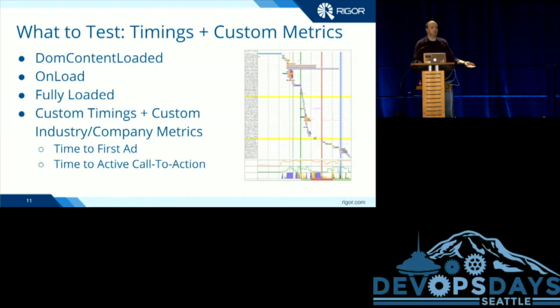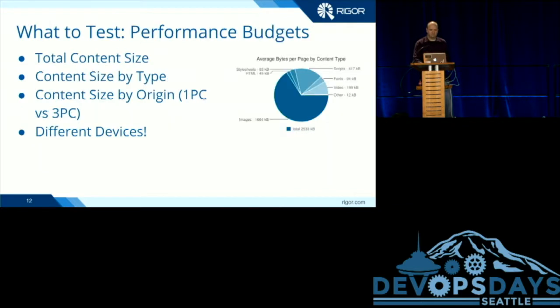If those are important to you, those are obviously things you should be tracking. Going back to that example, the media company tracks time to first ad. That's what's up on their dashboard, and that's what they're using in Jenkins to decide whether to pass or fail a build: did time to first ad get better or get worse?